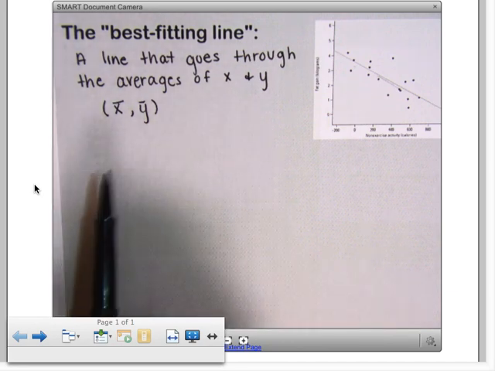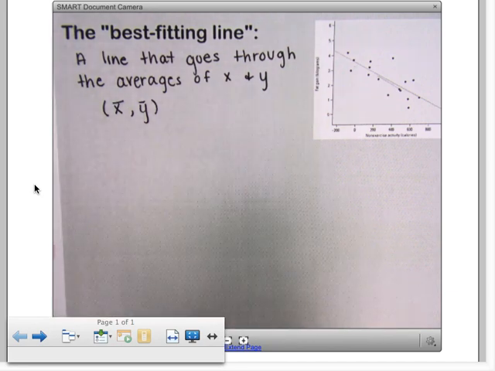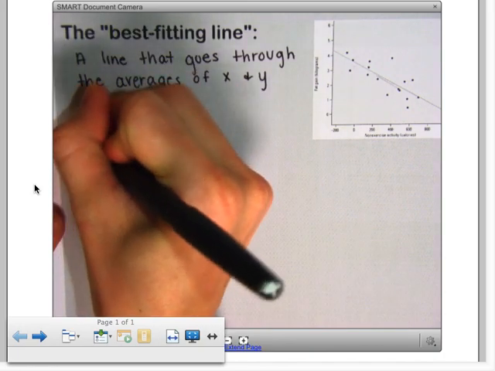Okay, and then there's 2 ways to find x bar and y bar. The first way is on your calculator.